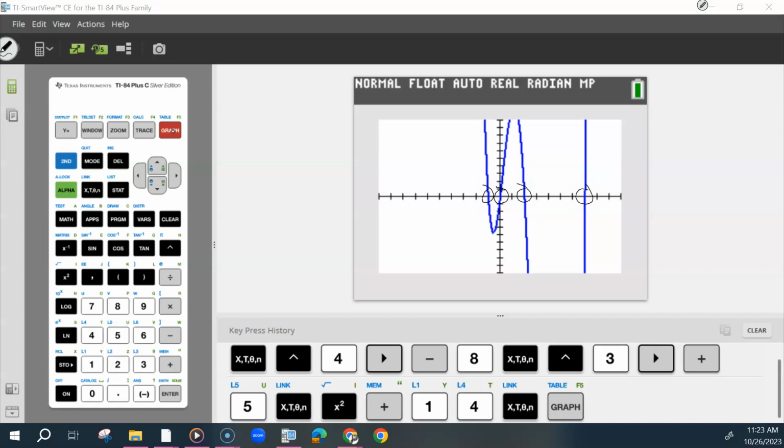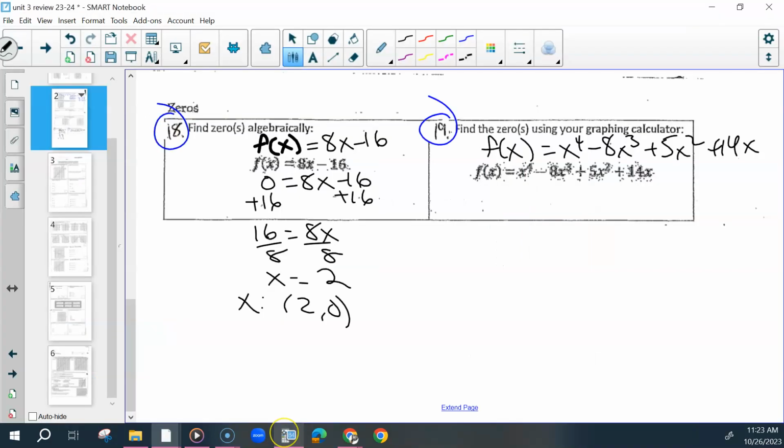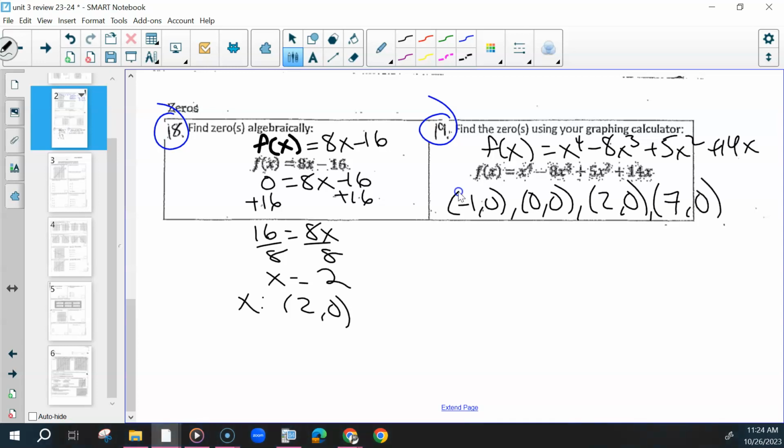Negative 1, 0, 0, 0, 2, 0, 7, 0. My graph is... I think my calculator just died.